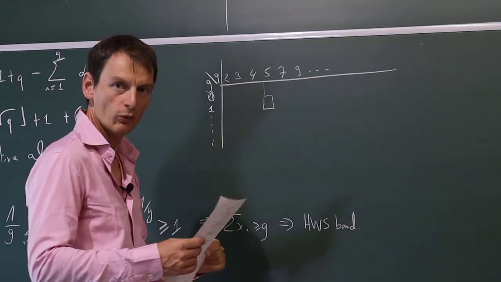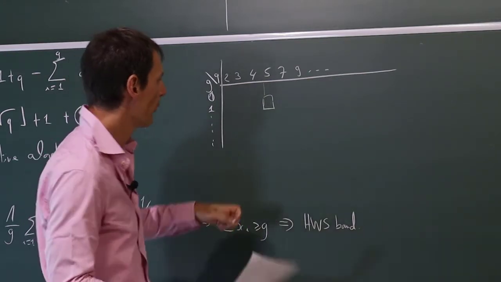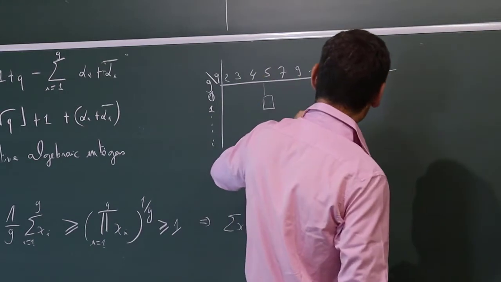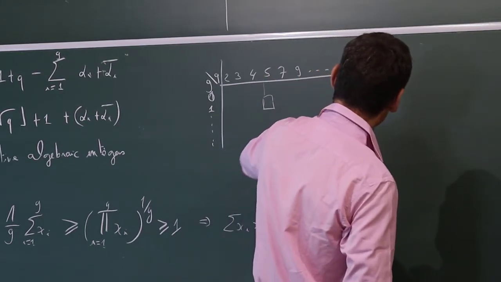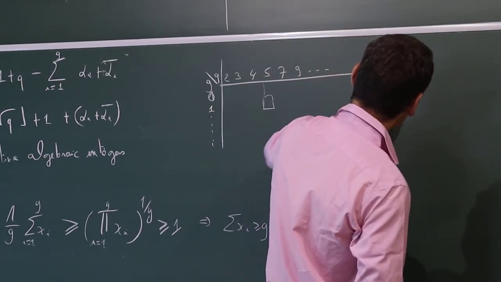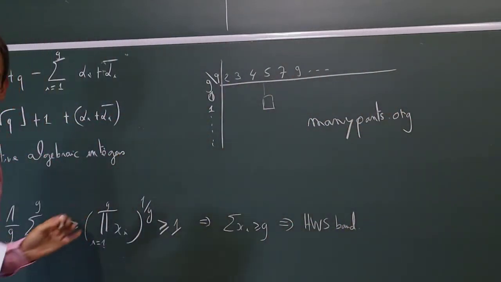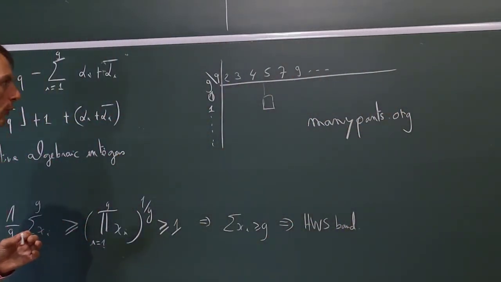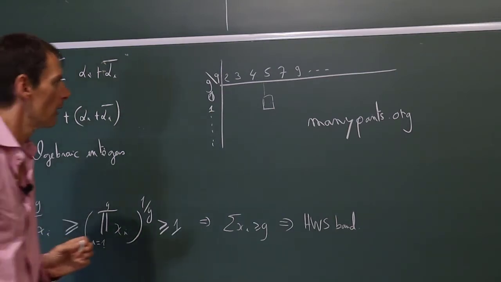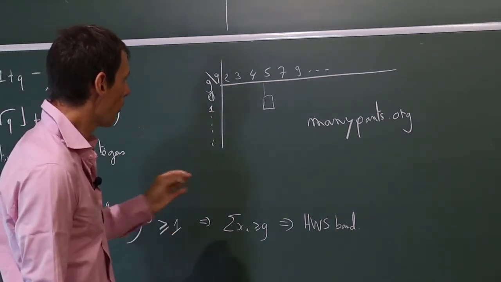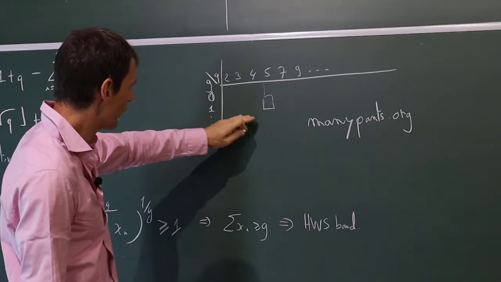But sometimes, as you will see, if you look at the website, everything is now online on manypoints.org. If you go on the website, you will see that there are plenty of boxes for which we don't know the answer. And also, there are two directions.